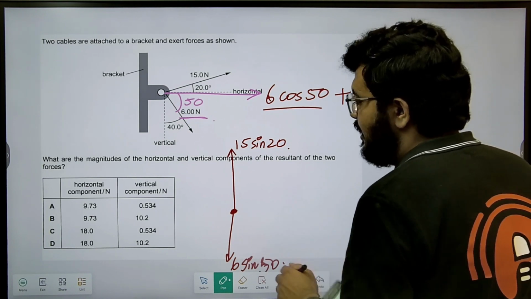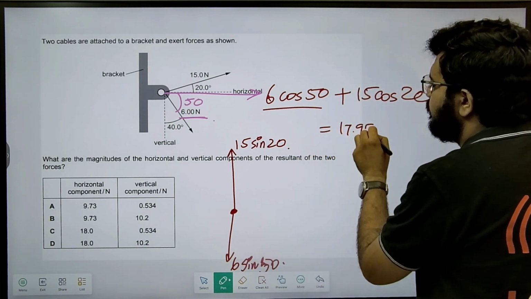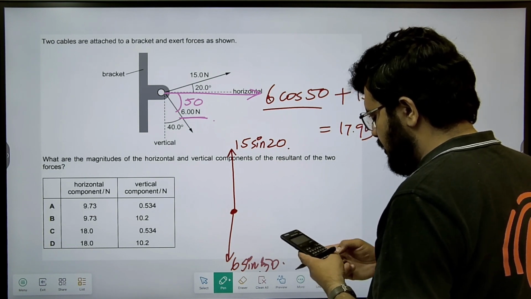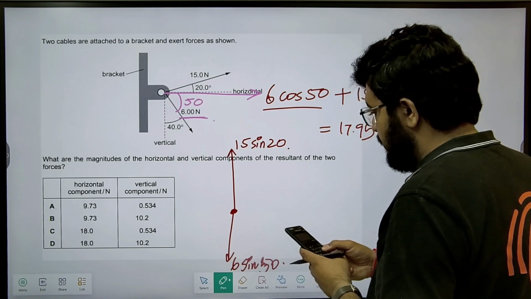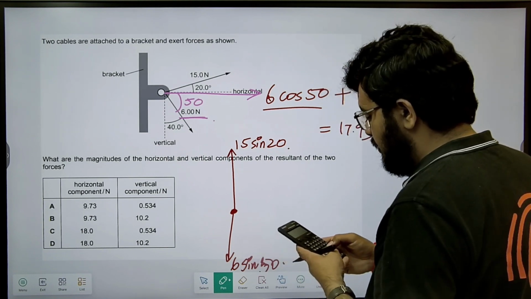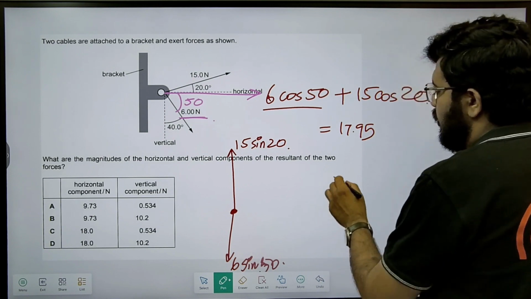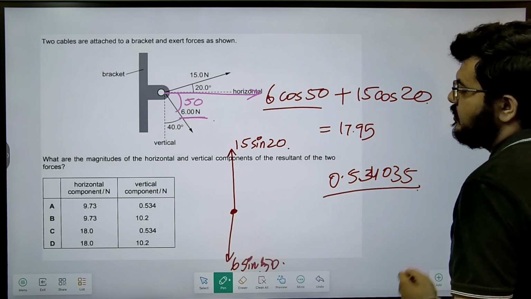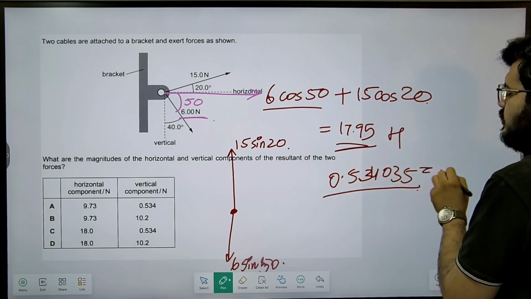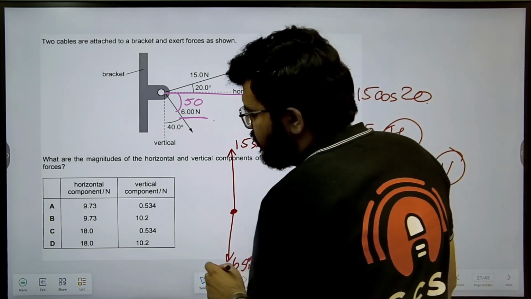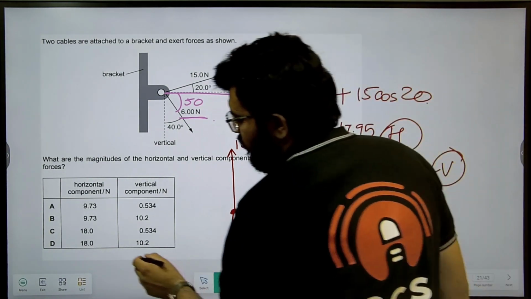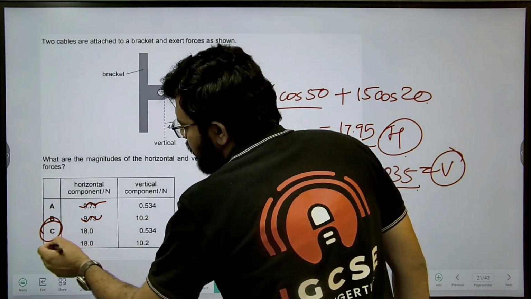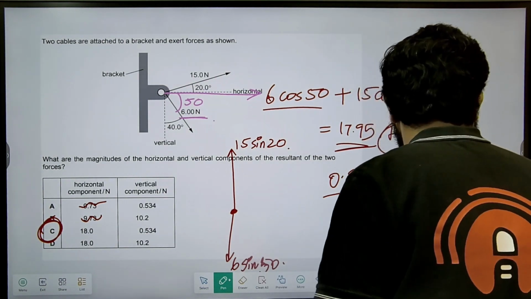This is 17.95. And because this is obviously greater, I have 15 sine 20 minus 6 sine 50, right? This is 0.534035. Now this is your horizontal and this is your vertical. Horizontal 17.95 can be rounded to 18, and vertical 0.53, so C is your correct answer in this case.